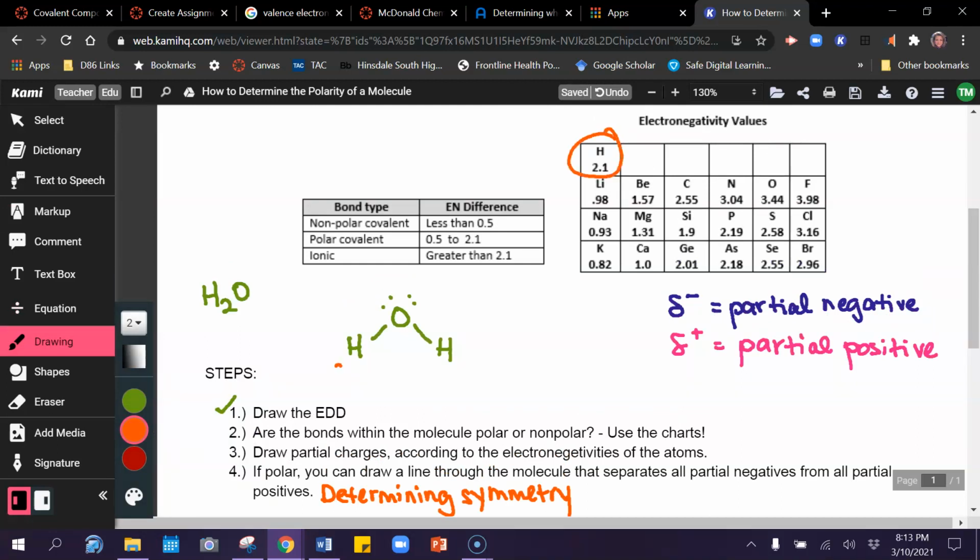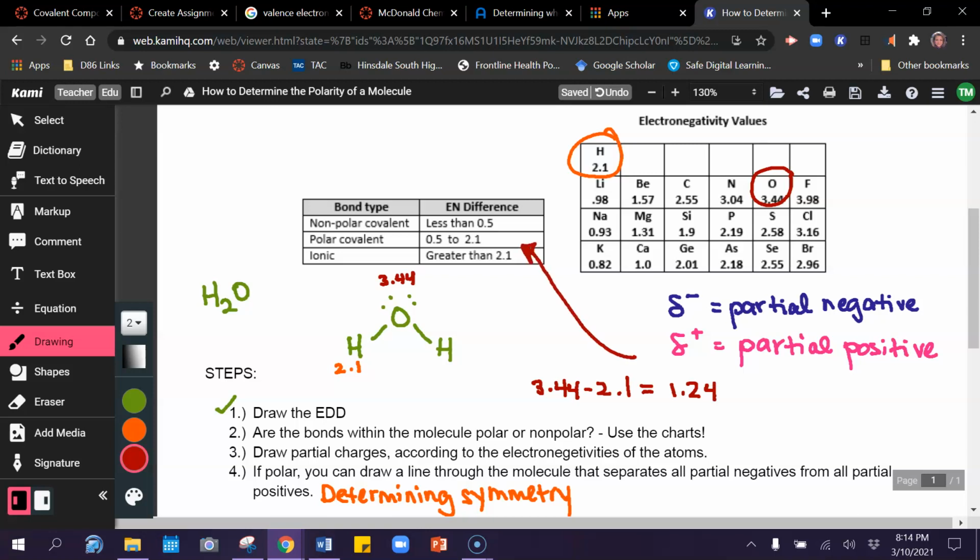So my hydrogen here is 2.1. And my electronegativity value for oxygen is 3.44. Now, when I subtract them, so 3.44 minus 2.1, I get an electronegativity difference of 1.24.